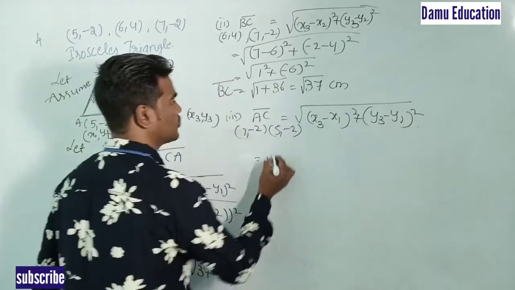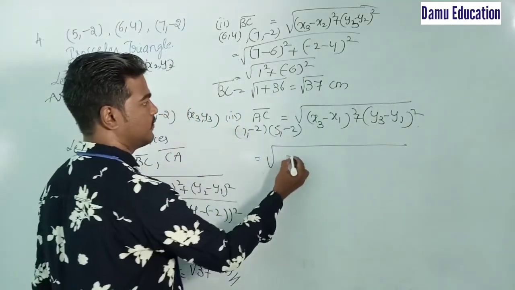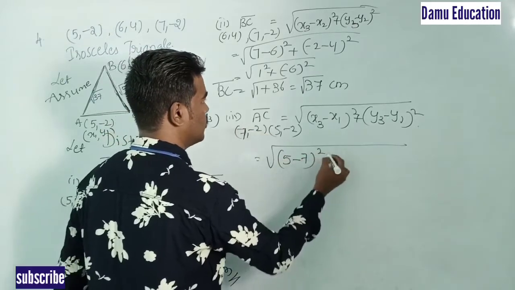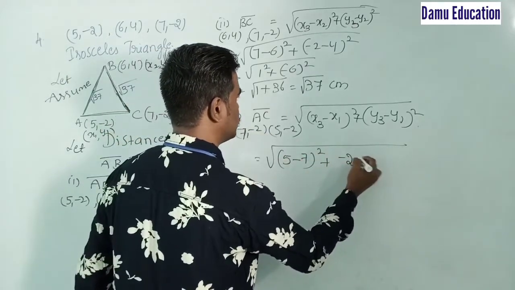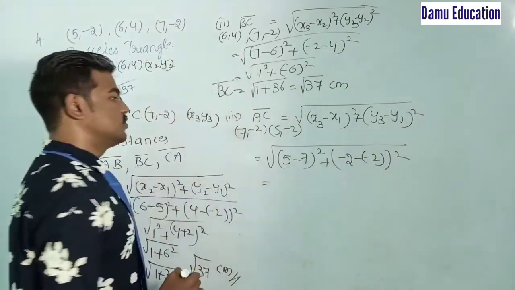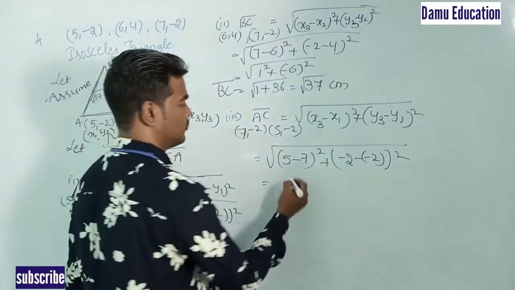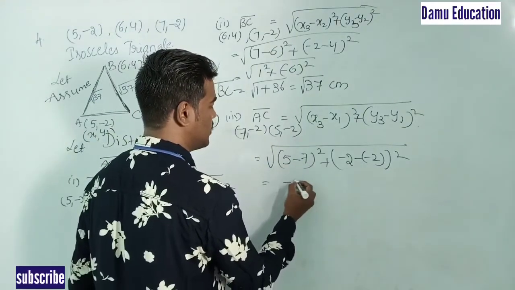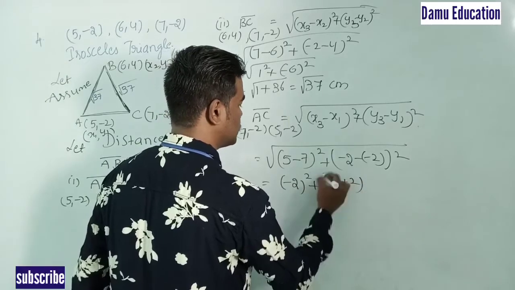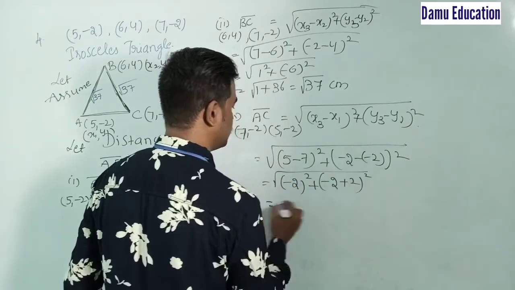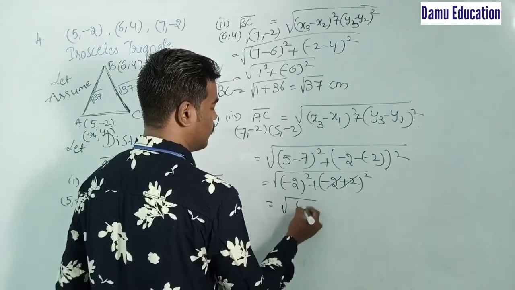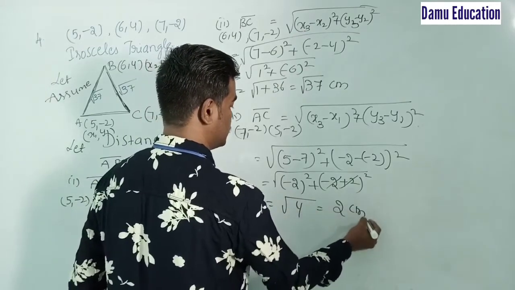So let's substitute: (7 minus 5) whole square plus y3 is minus 2, minus of minus 2. So 5 minus 7 is minus 2 whole square plus (minus 2 plus 2) whole square. So we get 0, then minus 2 whole square will become 4, that is 2 centimeters.